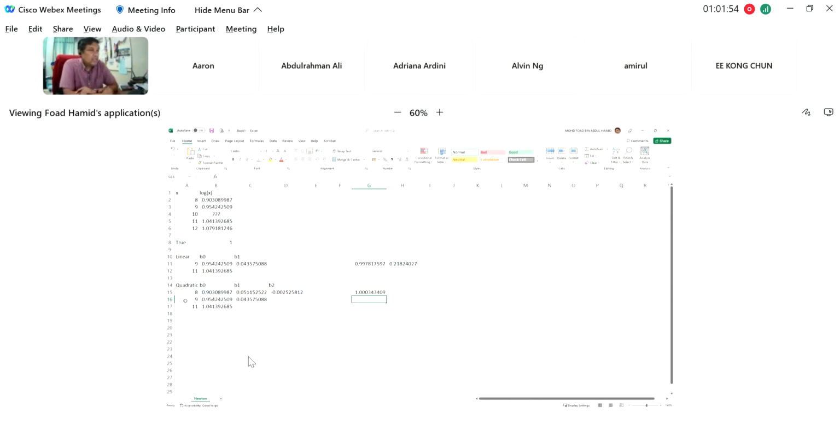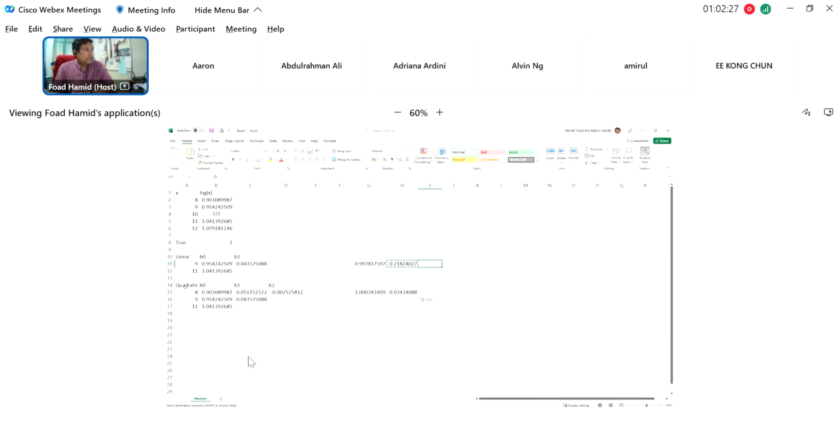Now it has a better estimate, right? 1.0003. And what is the error here? Let me just copy the formula from here, and this is the error. Take a look: when we use linear, our error is about 10 to the minus 1.